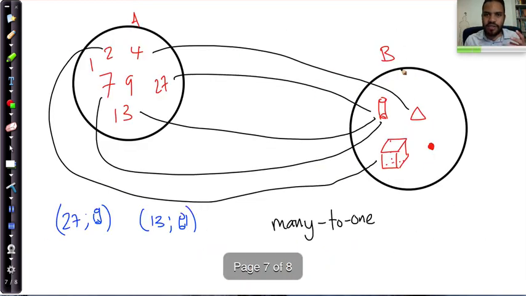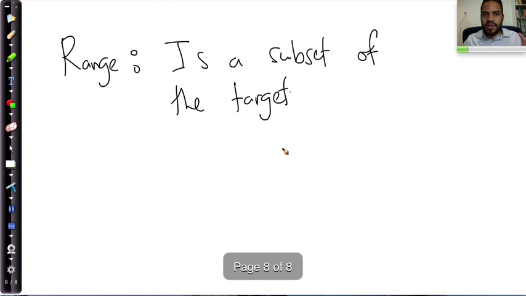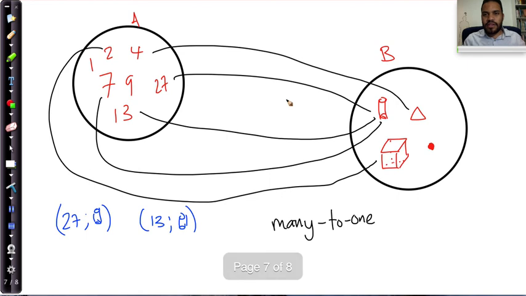So there's a key difference to note. Now, if we look very carefully, one thing we have to consider here is when we talk about the range, firstly, it's a subset of the target. That means it is made up of elements of the target. It can either be all the elements or it can be some of the elements. So for example, this over here, if I look carefully, just a cylinder on its own would form a subset of the target.